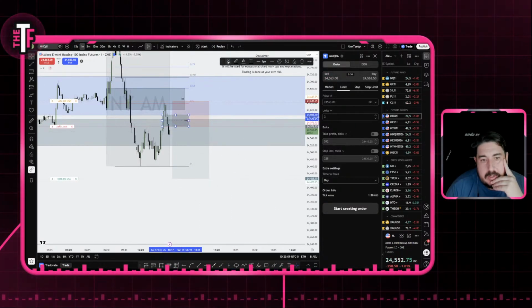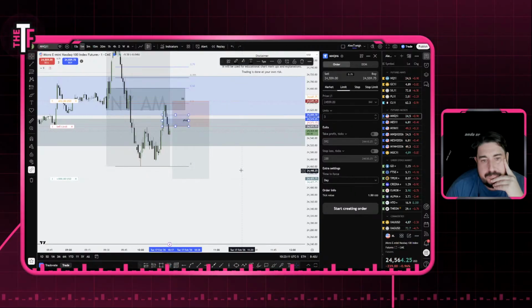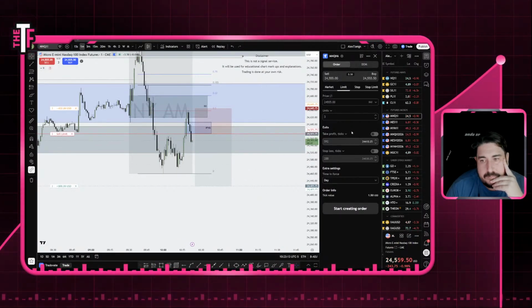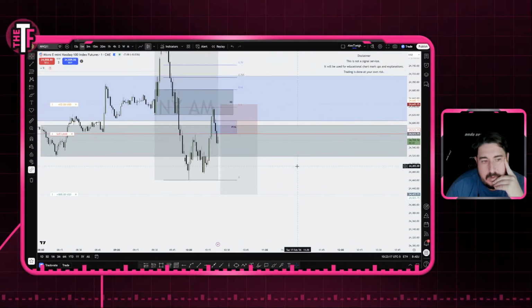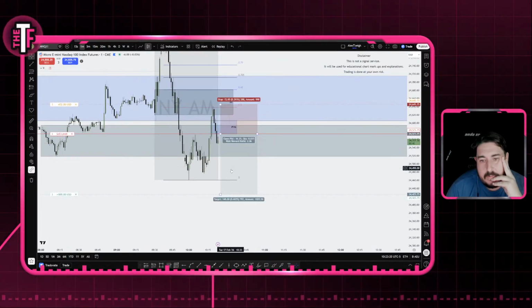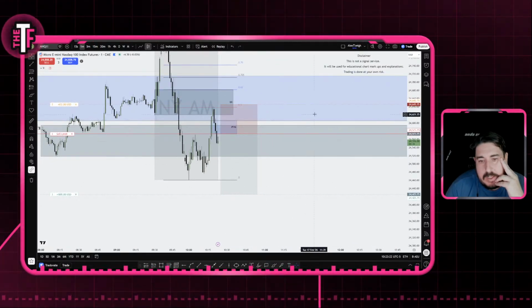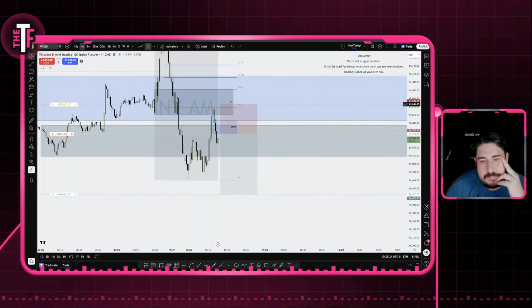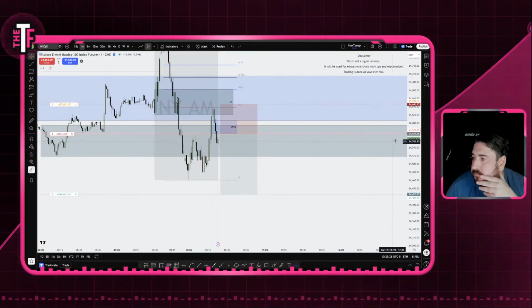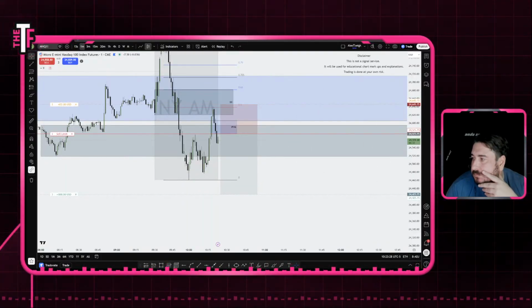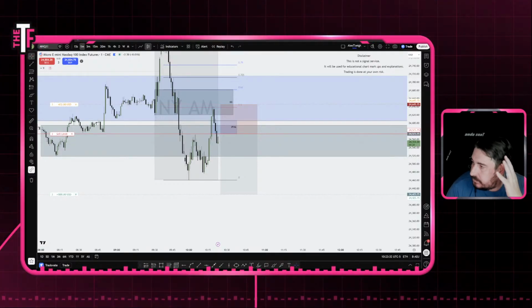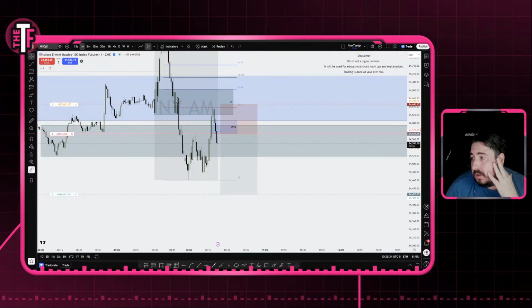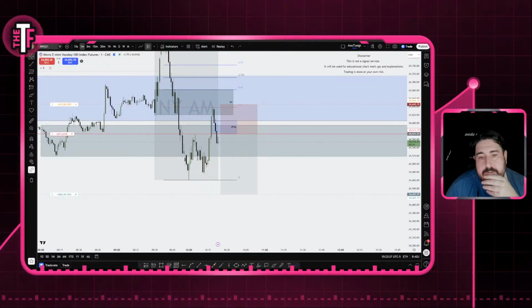Okay, this is now an inverted fair value gap. Let's see what will happen, my friends.